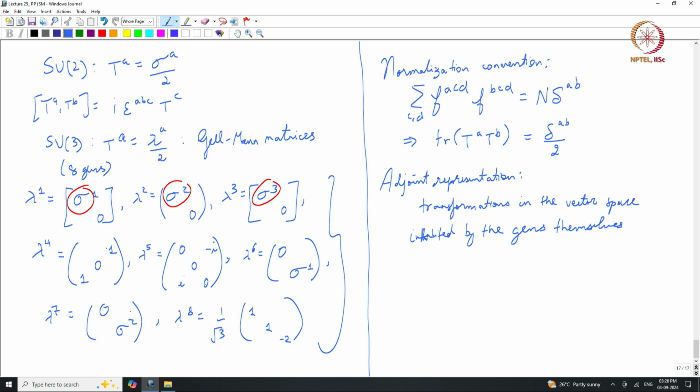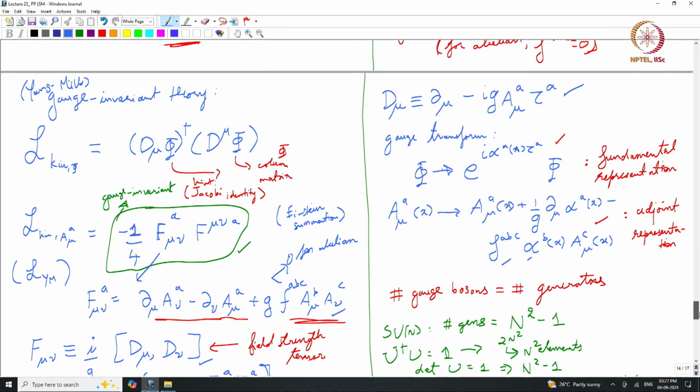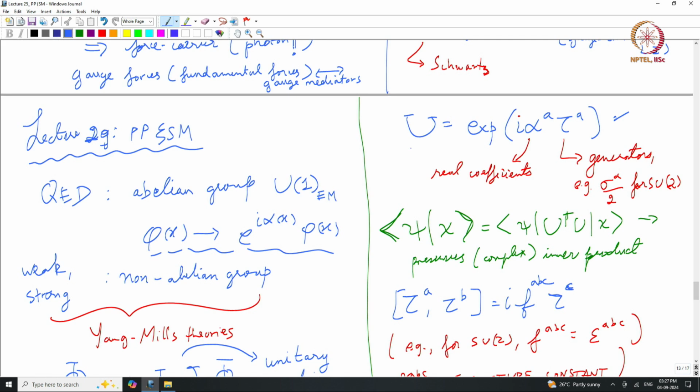So what does this mean? The generators themselves actually live on a vector space. They have their own algebra, right? So remember the U's live in the SUN space, all these U's.